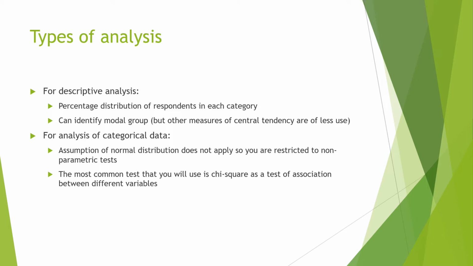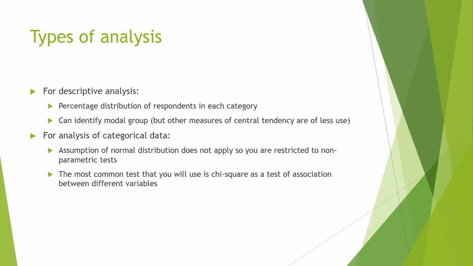And as our data are categorical, and in the social sciences we have very, very few continuous variables, we really are restricted in the kinds of statistical tests that we can carry out. Now you might or might not remember from your first year statistics, there are 2 different types of statistical analysis: parametric or non-parametric tests. You don't have to worry too much about the terminology.